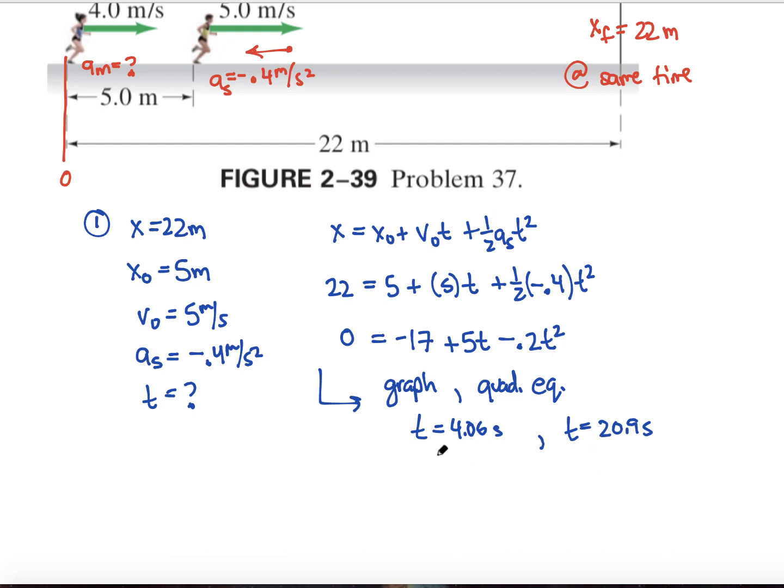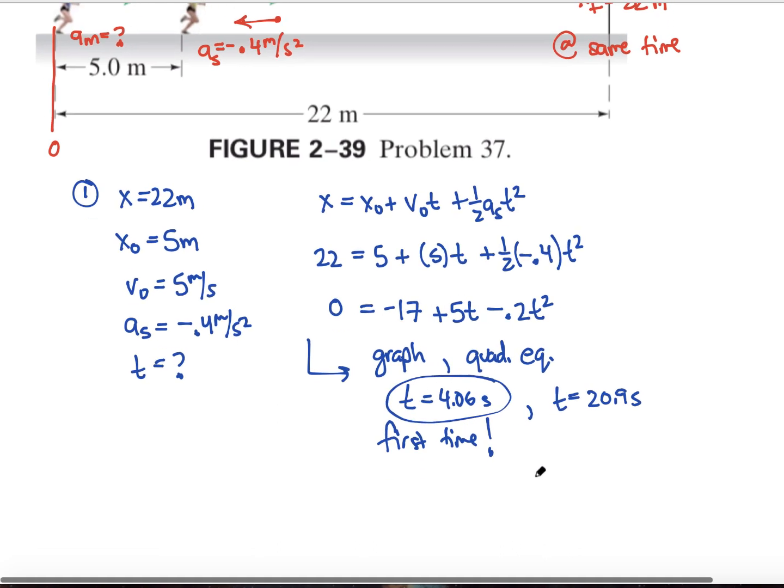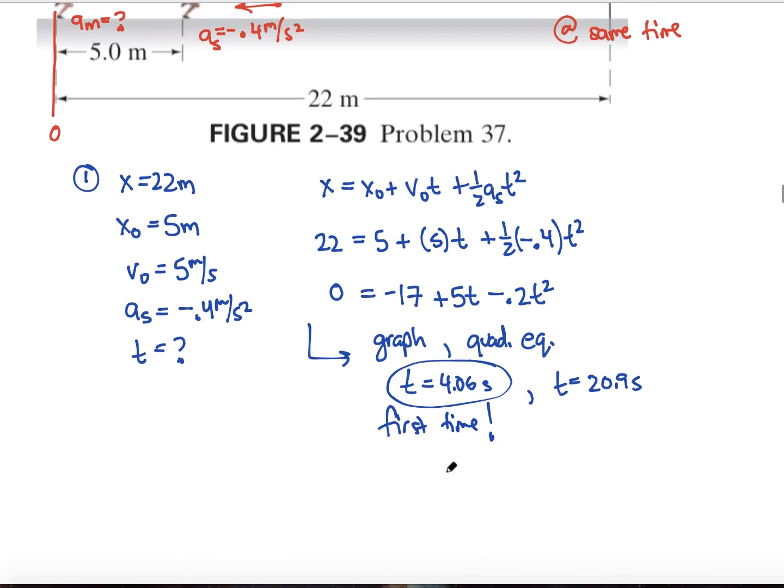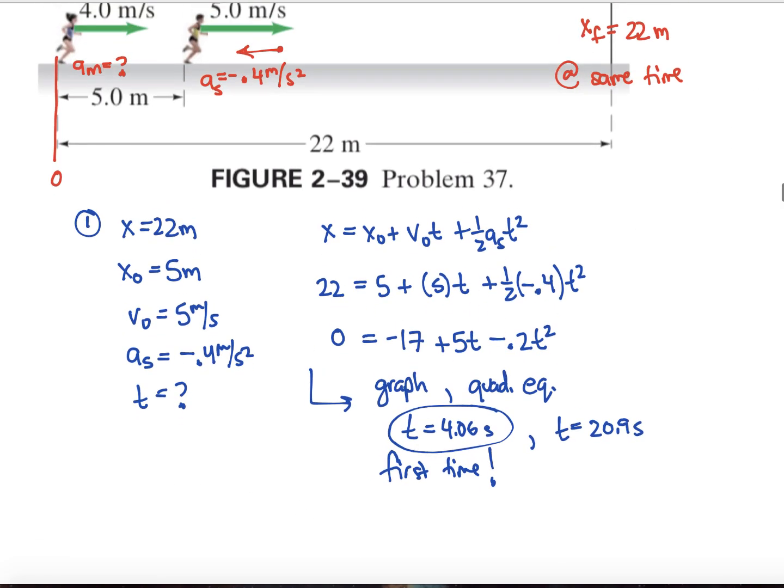And that's because this is the first time that she reaches 22 meters. Because if you think about it, Sally, if she continues to accelerate like this, is eventually going to start moving in the opposite direction. So I'm going to use this 4-second mark as the correct time for her to cross the finish line. So now that I know that, I can go into part 2.